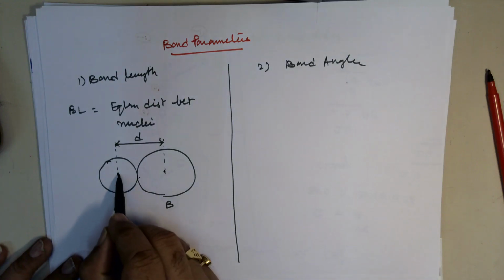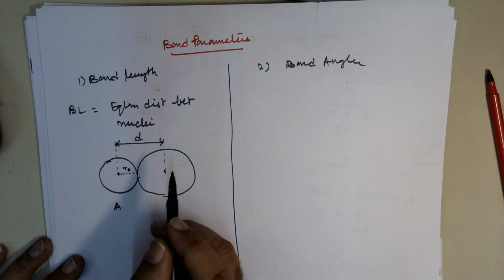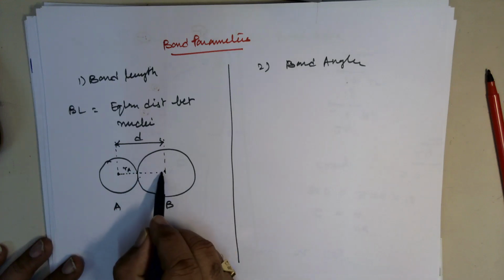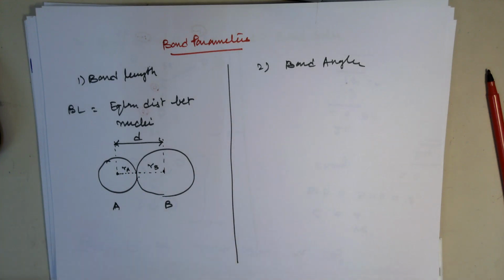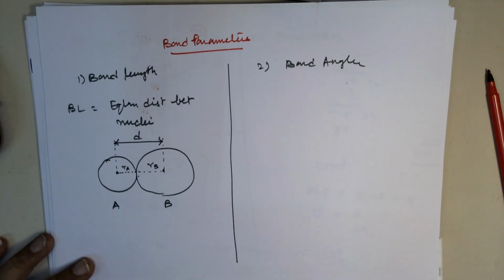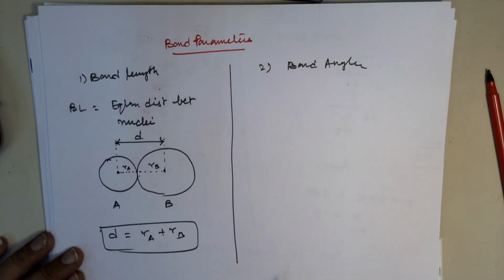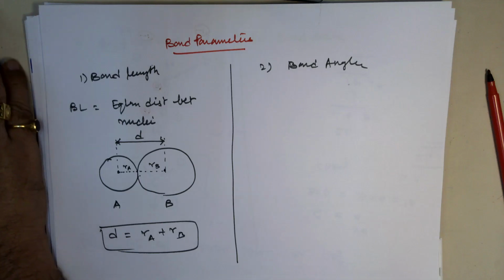And this is nothing but the radius of A, you can put RA. And what about this one? This is the radius of atom B, that is RB. So the bond length is nothing but RA plus RB, right? The bond length is nothing but RA plus RB.